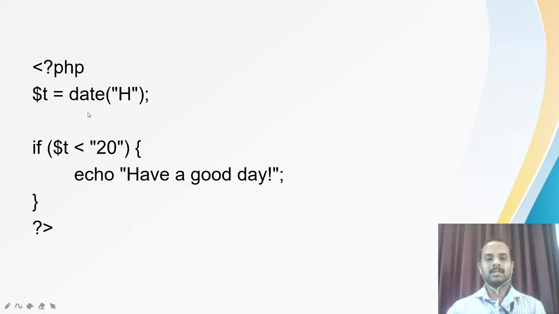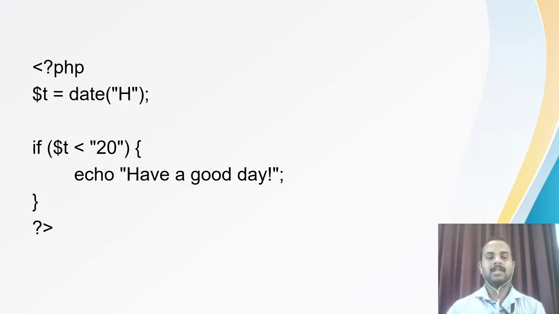When I run this, it will take the hours and fill them into t, and I check whether the hour is lesser than 20. If it is lesser than 20, I wish him a have a good day.